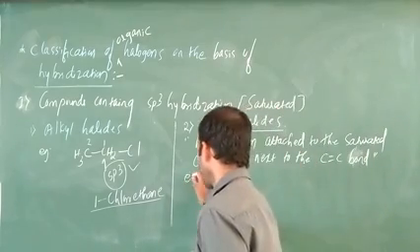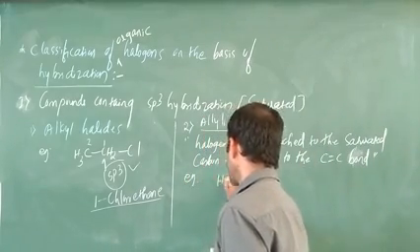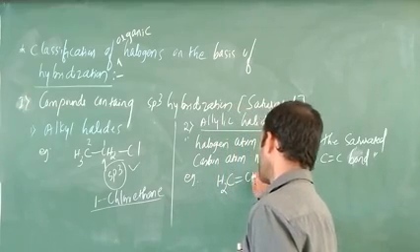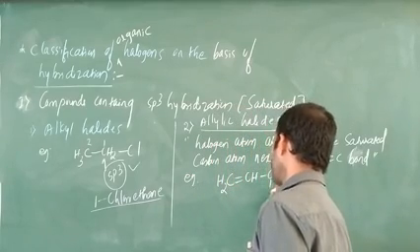Example for allylic halides: CH2 double bond CH, next CH2, and then Cl.